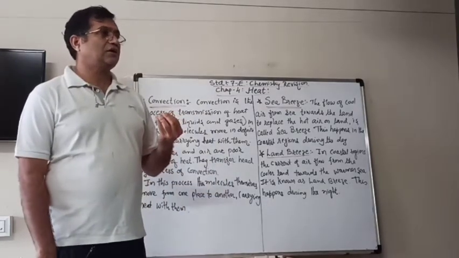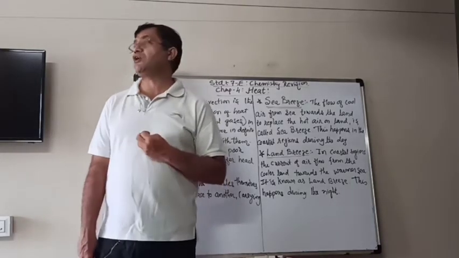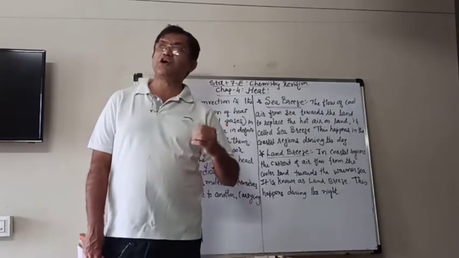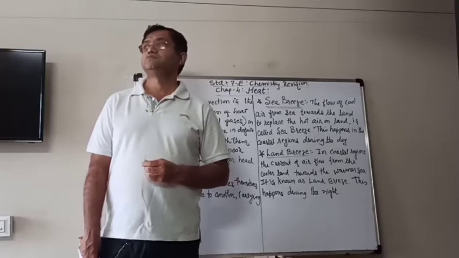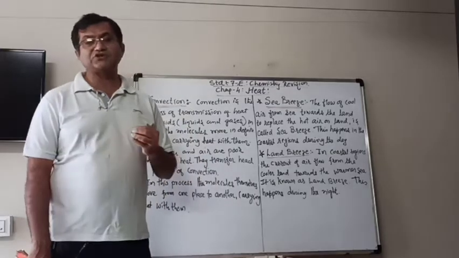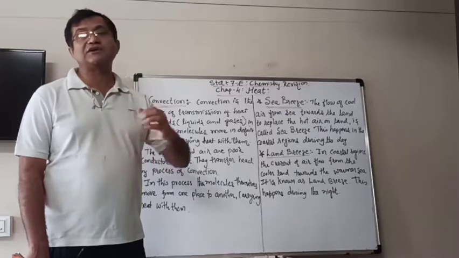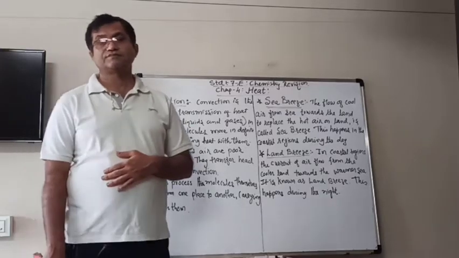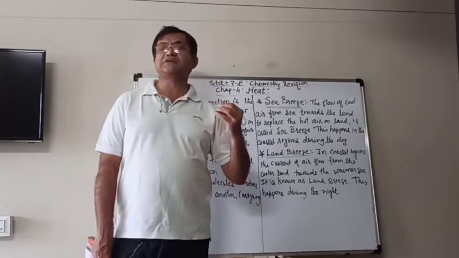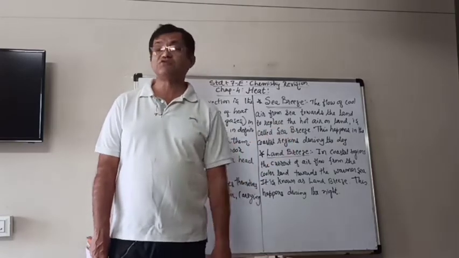So when there is a difference of temperature in two objects in contact, then transfer of heat takes place until the temperature of both substances becomes equal. Once the temperature of both the substances is equal, the transfer of heat will stop.